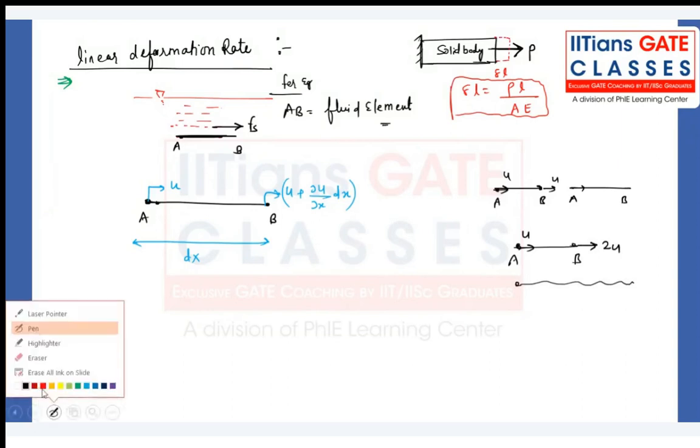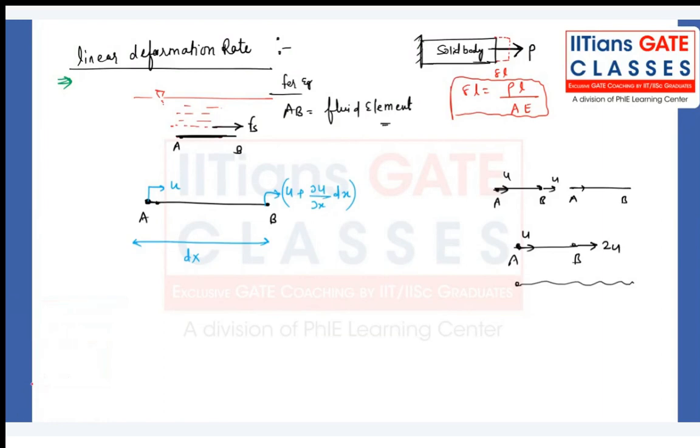Now, let's say after dt time interval, the particle A has come here, A dash, B dash. This is my particle which is being stretched. You have to assume that it has been stretched. So particle A from here to here, how much distance has it traveled in dt amount of time?